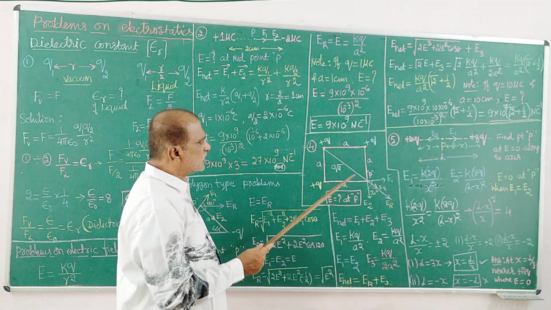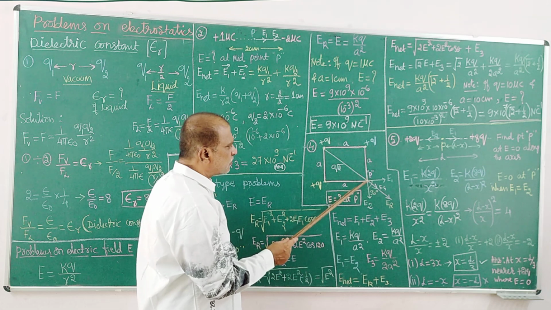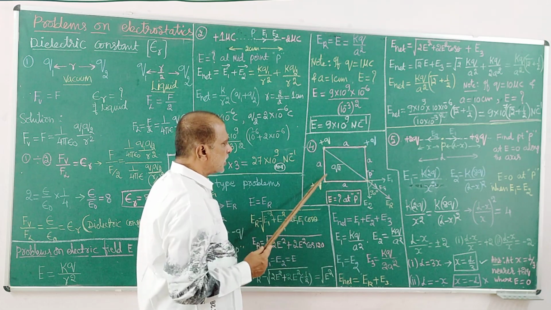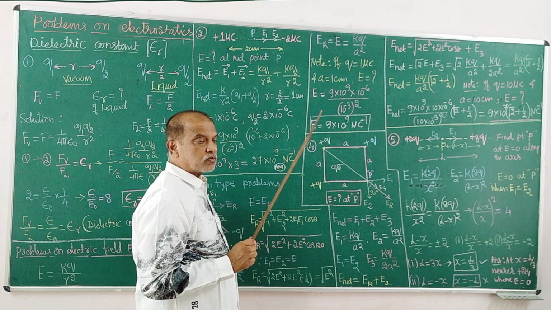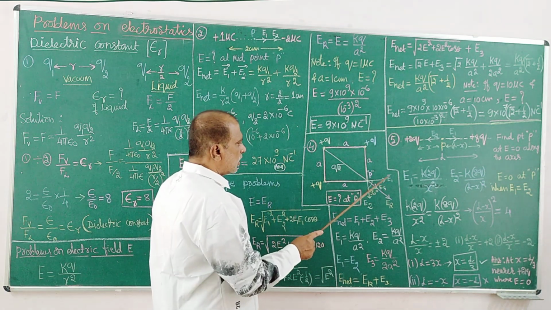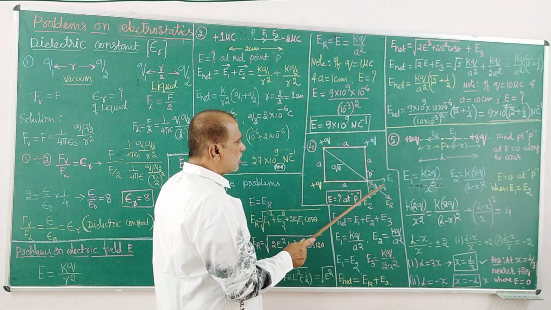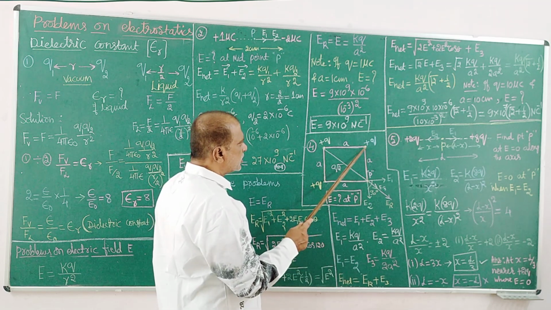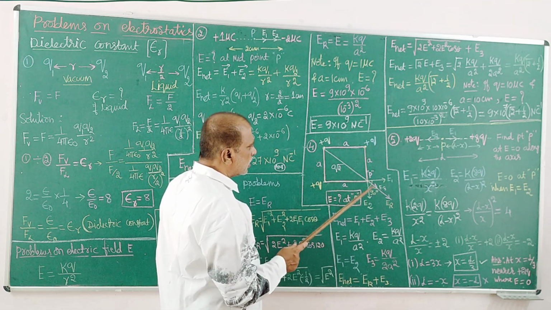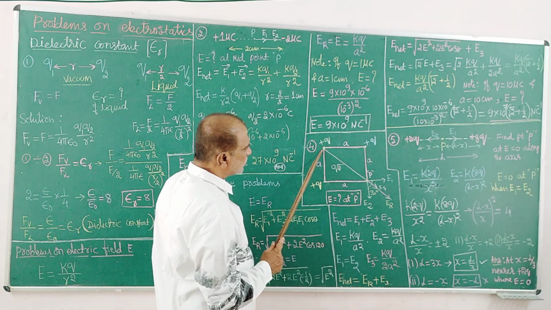So with this, we write the electric field at this point. With multiple charges, there are 3 charges, so 3 electric fields operate: E1, E2, E3. E1 because of this, E2 because of this, and E3 because of this.